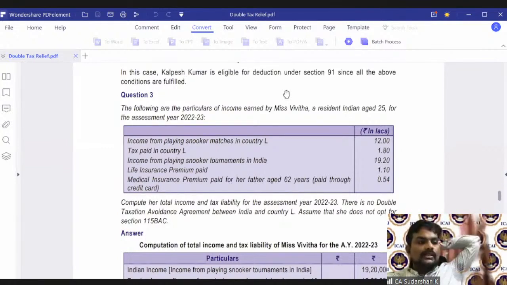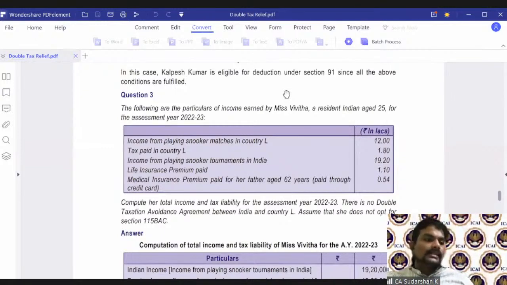You can try question number 3 to better understand the concept.